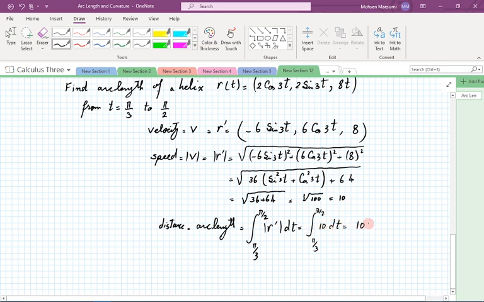Well, that is obviously 10t. And then I am going from pi third to pi half, so that is going to be 10 times end minus beginning, and this difference is pi 6, 10 pi 6, that is the length I have traveled.